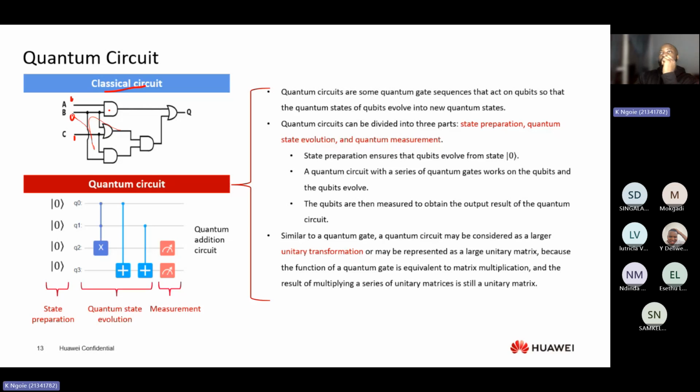If in this input we plug a 1, a 0, and a 1, when we get to this point, what signal are we going to have?